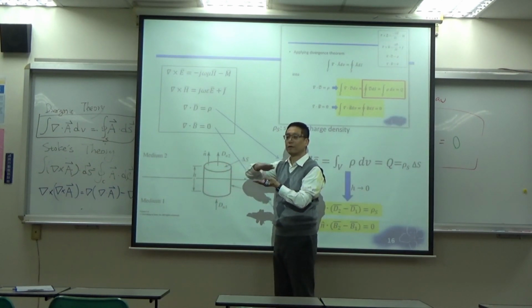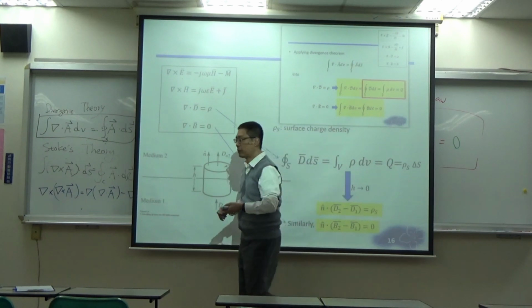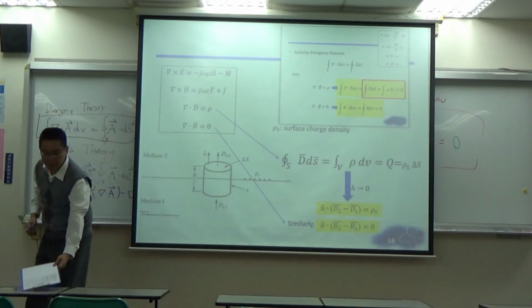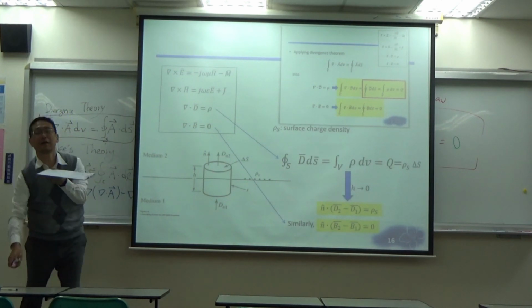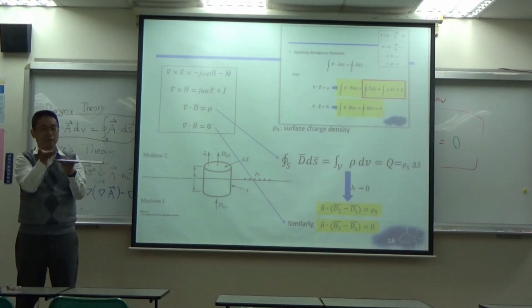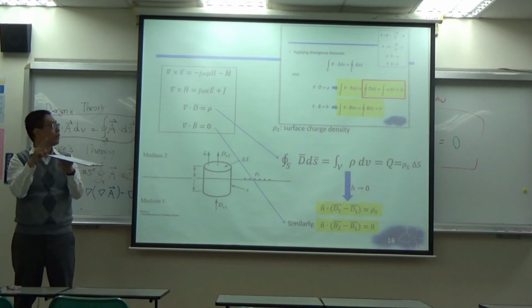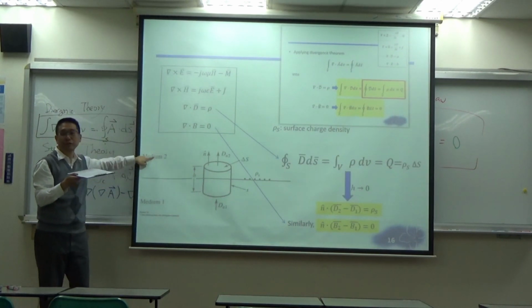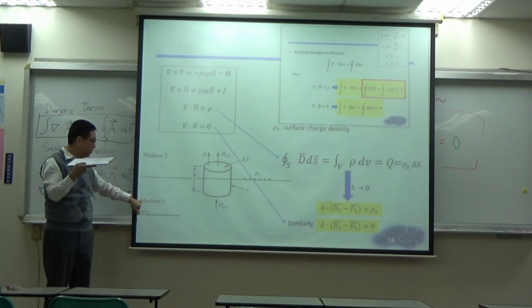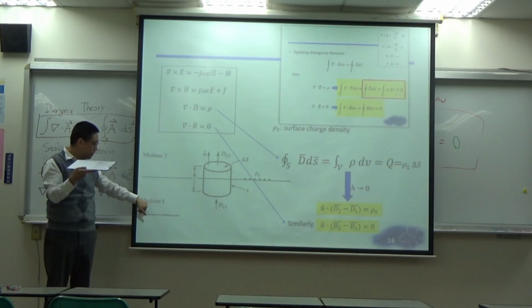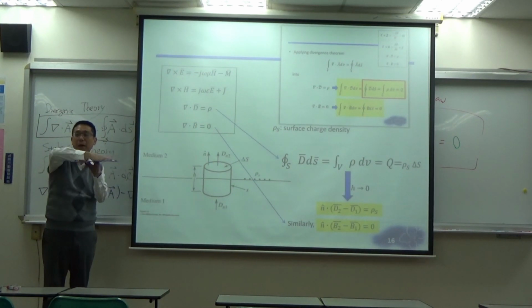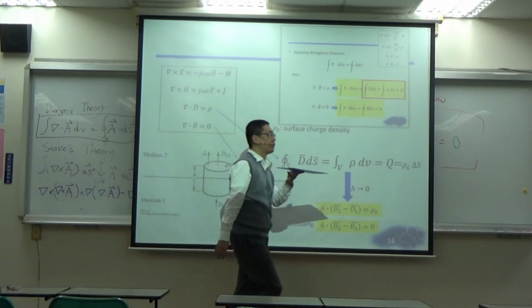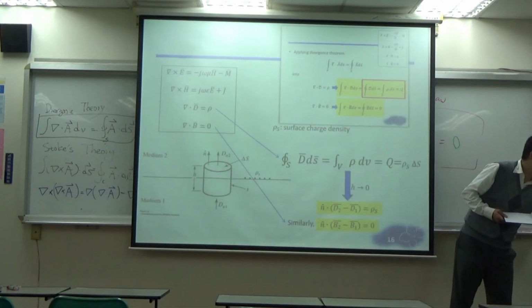Maybe we can use something to help us. We have a boundary here. Above the boundary is material number 2. Below this boundary is material number 1. Okay, this is a boundary.